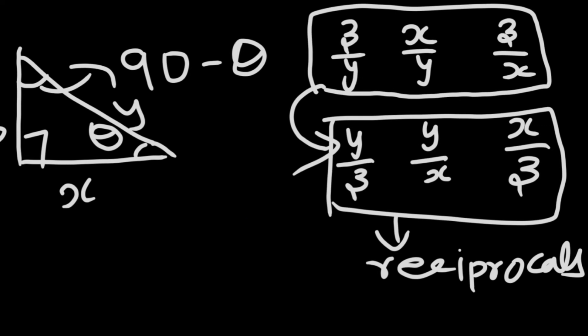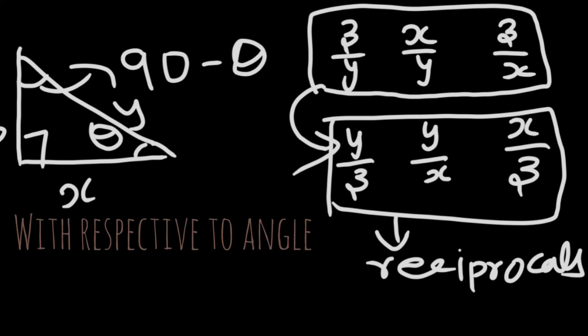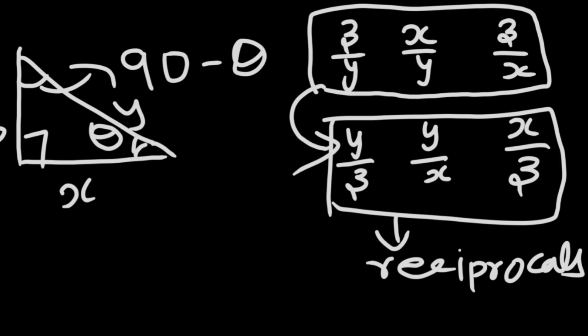They named these ratios with respect to the angles other than 90 degrees in a right angle triangle. The angles other than the right angle are theta and 90 minus theta. Based on these angles, they named these ratios.